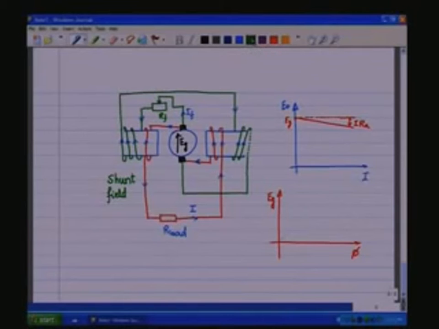So, this has a curve which goes like that and then droops, because there is no change in the flux, further it saturates. This is a function of IF. So, E naught is equal to Eg minus IRA.